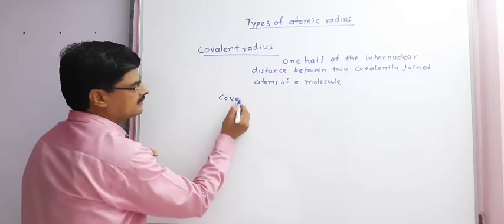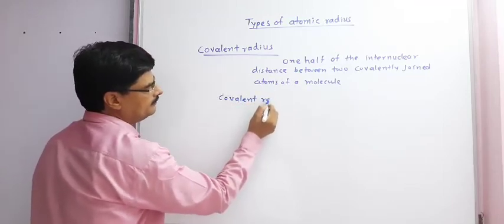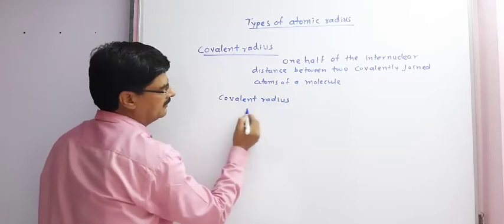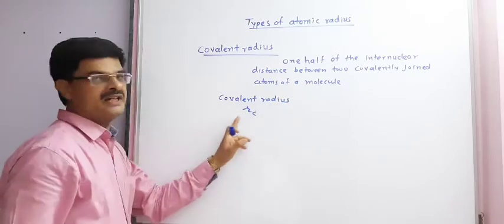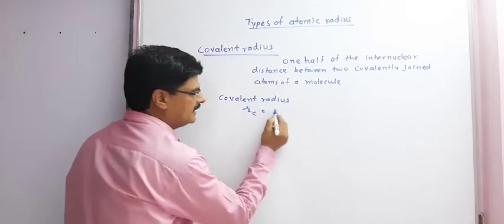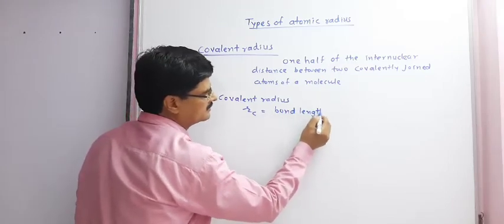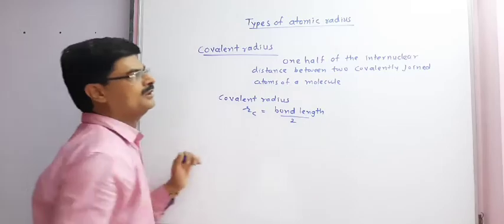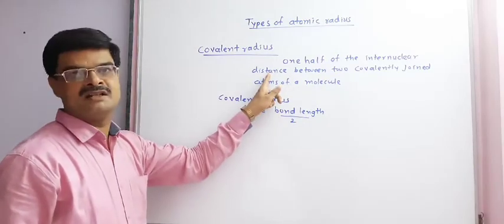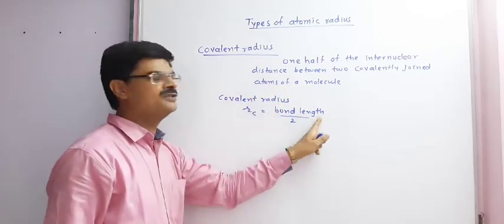Covalent radius, denoted by RC. RC is equal to bond length divided by 2, because the internuclear distance is also known as bond length.